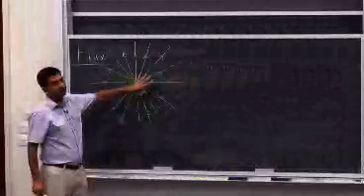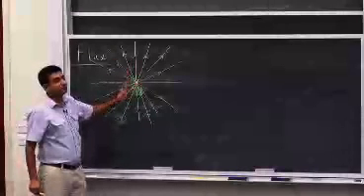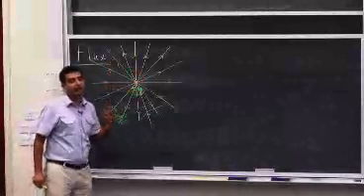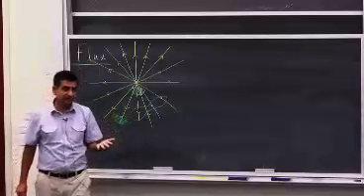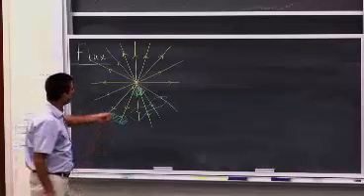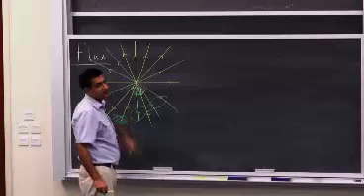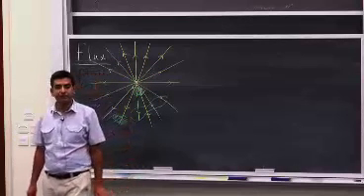So the density of these lines, which is really the number of lines per unit area of the picture, is a measure of the strength of the electric field. And of course these arrow signs tell us the direction of the electric field.